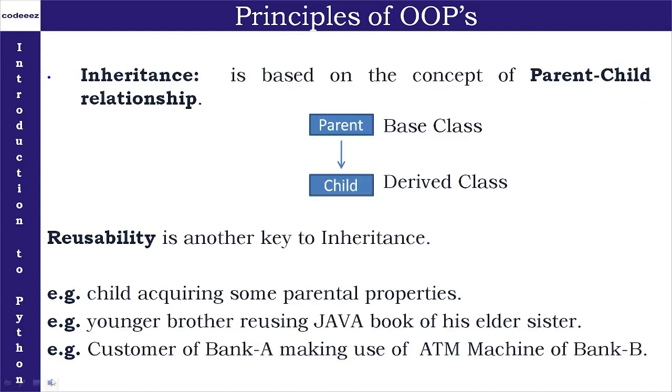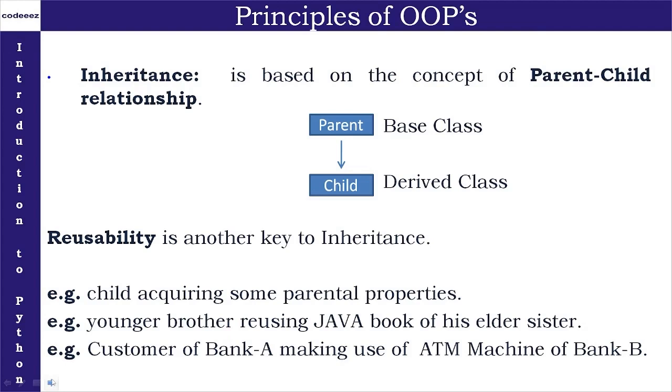Now next is inheritance. Inheritance is the concept based on parent and child relationship. You might have heard the term heredity. It is simply a phenomenon where some of the parental properties slip into the child.